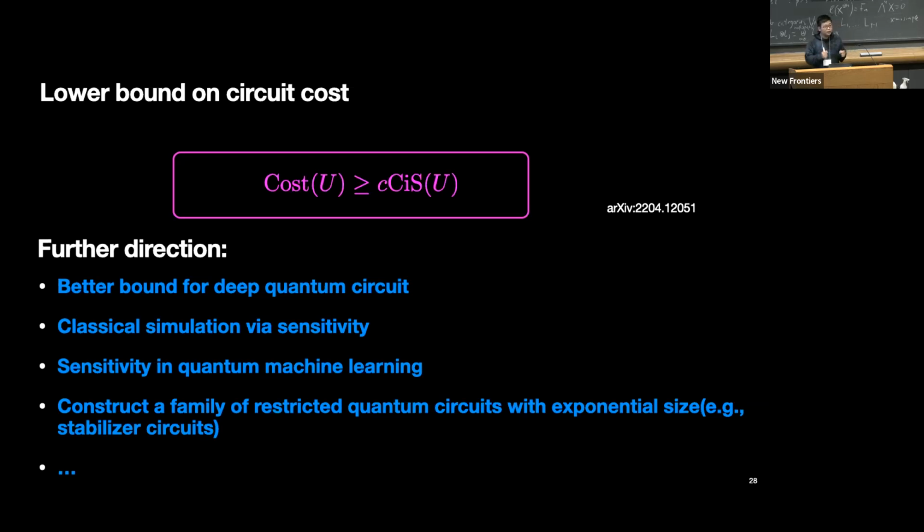By a very simple counting argument, we can show that typically to generate a stabilizer state, the number of gates we need is more than 2 to the power of n. But the question is, can we give a constructive proof? Can we construct a family of such stabilizer states with such exponential size?